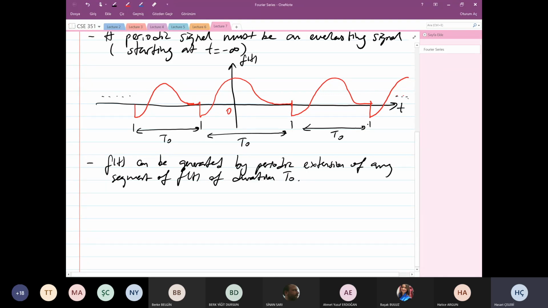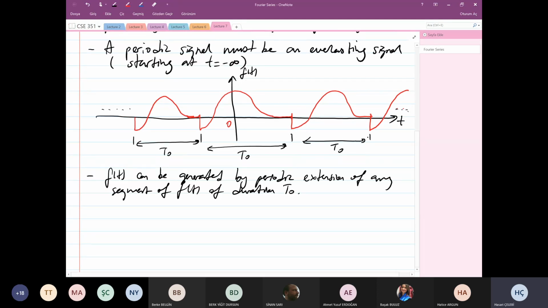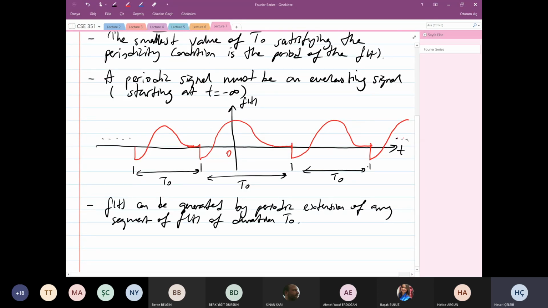What does it mean? I can generate the complete f of t by periodic extension of any segment of f of t of duration T0. Let me show with another color.